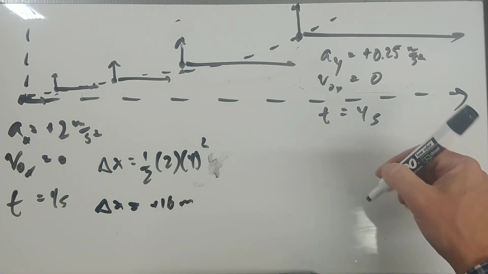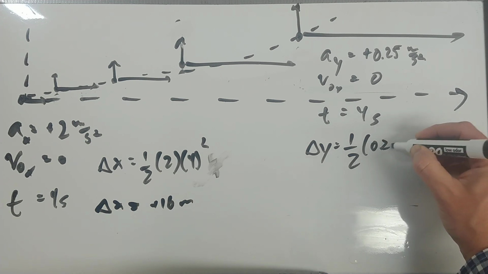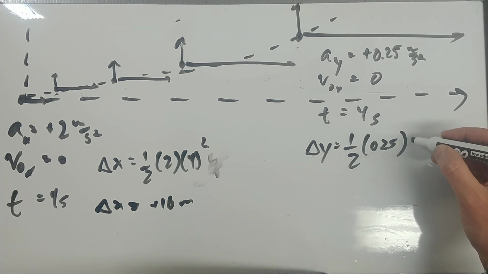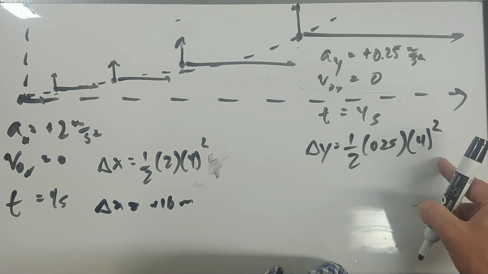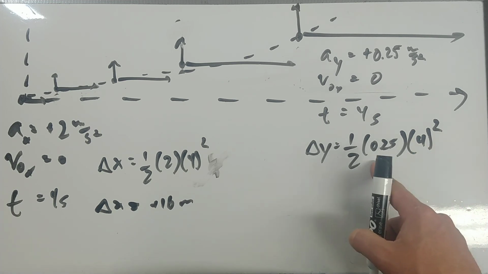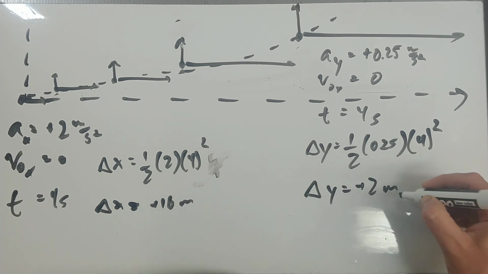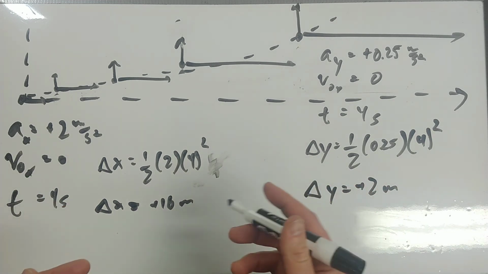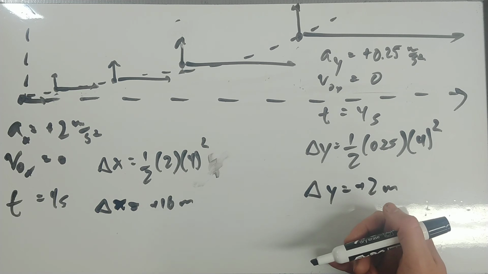Delta y: 1/2 of 0.25 times 4 squared, so 16. A quarter of 16 is 4. Half of 4 is 2, so delta y would be plus 2 meters. So we have two components to the acceleration, and we still keep track of them separately.